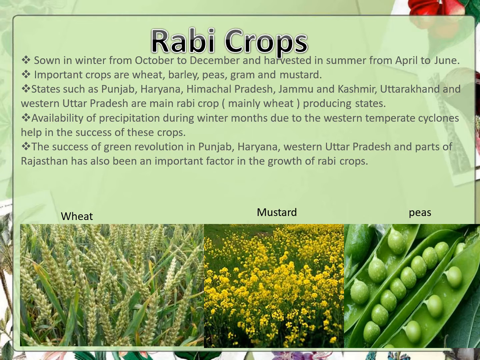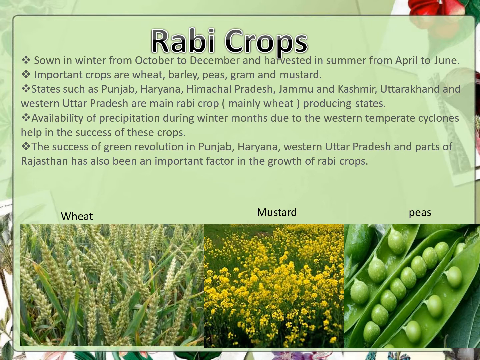So agriculture was the only allowed activity even in the days of lockdown. Keep that in mind. The important crops are wheat, barley, peas, gram, chana, mustard.